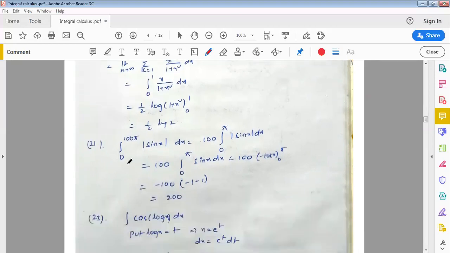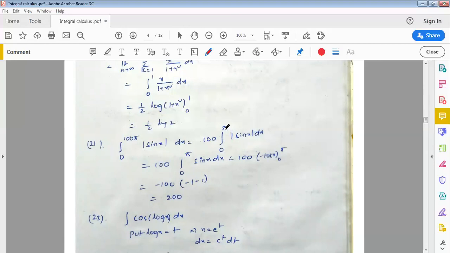Coming to the next problem, integral 0 to 100 pi of mod sin x dx is equal to. This can be written as 100 into integral 0 to pi, using the property in integrations. So 0 to pi mod sin x dx.